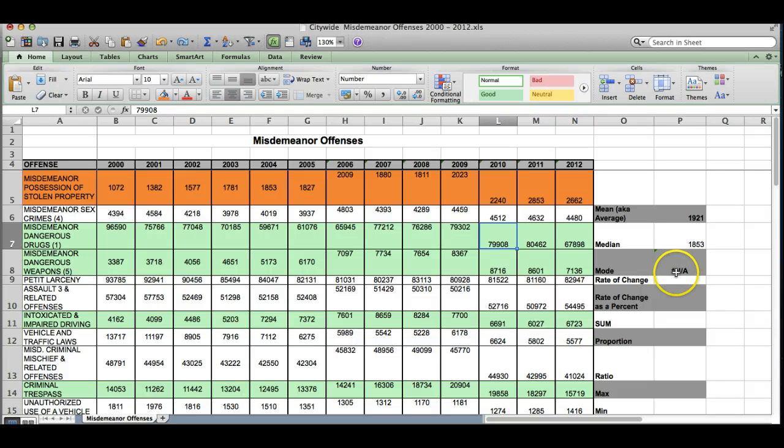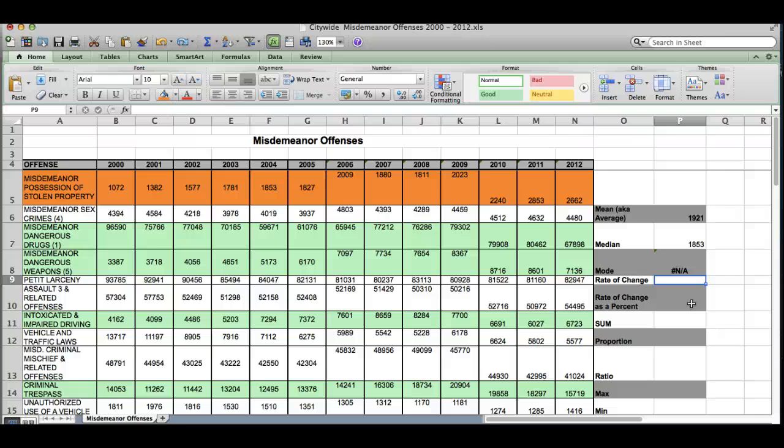Now, rate of change is one of the statistics that I will often ask for in our assignments. And rate of change, if we look at our basic statistics lecture notes, is calculated as equals new minus old over old.